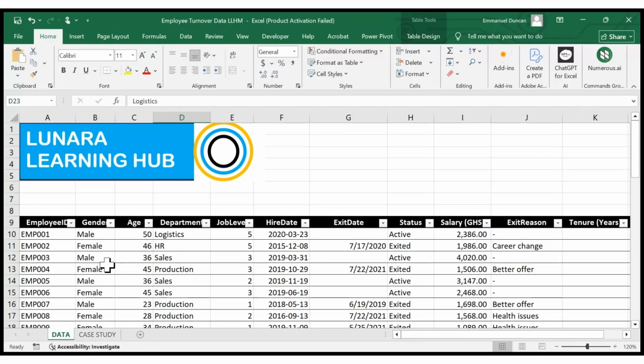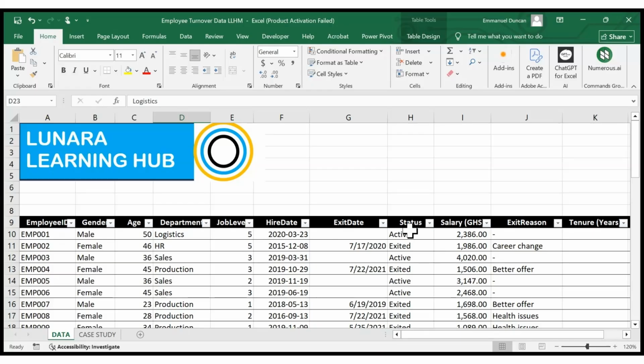This is our data set. I'll walk you through it briefly. This is our employee ID. We have gender, the ages of the employees, the various departments, the job level, the hire date, and the exit date.